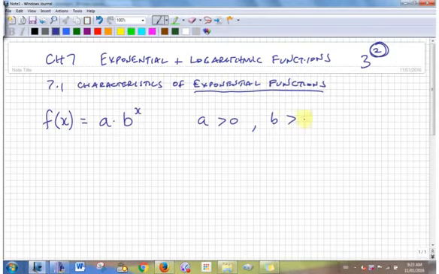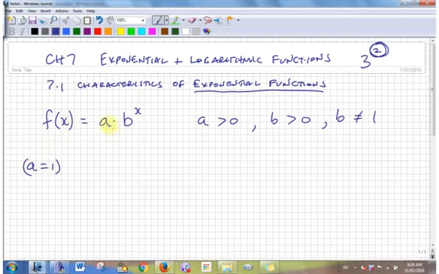So a is restricted to just positive numbers, and they're probably going to be integers, whole numbers. B is going to be greater than 0. Again, if it's 0, it doesn't make very interesting graphs. And b can't be 1, because then it's again a boring graph. It's not very exciting.